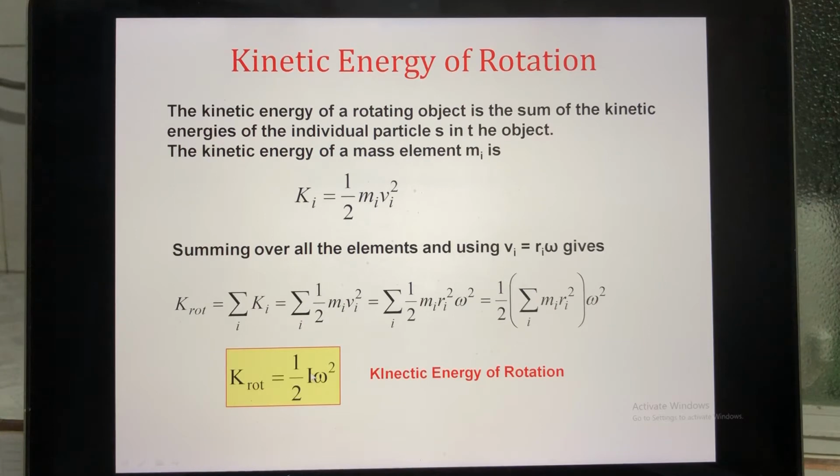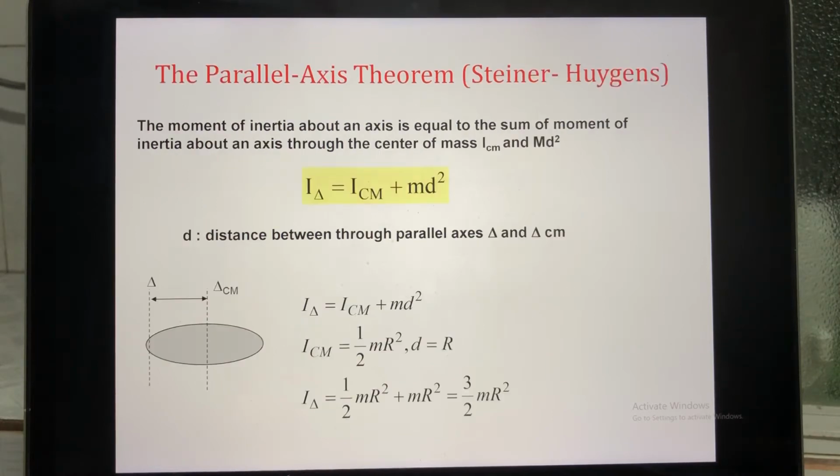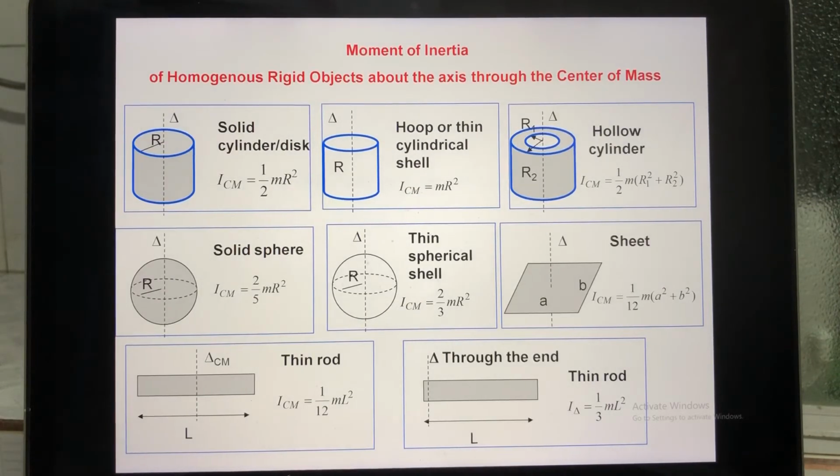So we have this formula, and we call this one the kinetic energy of rotation. Now I have to remind a bit about the I here. The I here is the moment of inertia. It depends on the shape of the object. If the object has this kind of shape, I mean a solid cylinder, and the rotational axis goes through the center of mass like this, I use this formula, the same for the others.